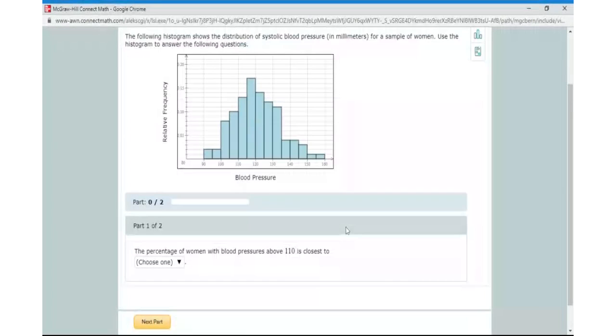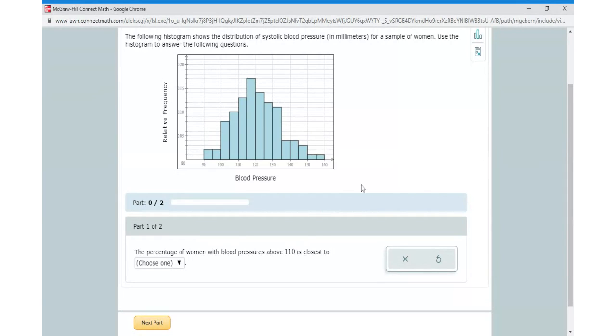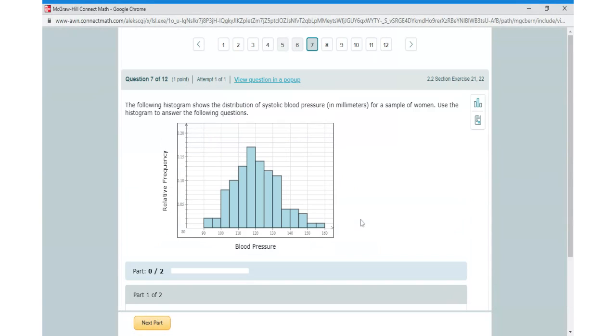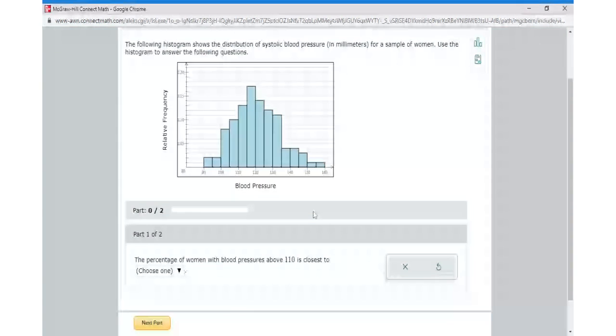So you got to find out. Well, they actually give you the relative frequency there. So the percentage of women with blood pressures above 110 is essentially all of these over here.